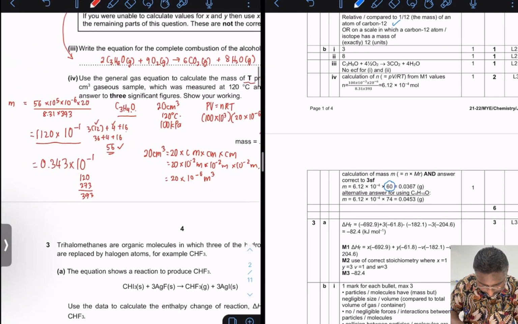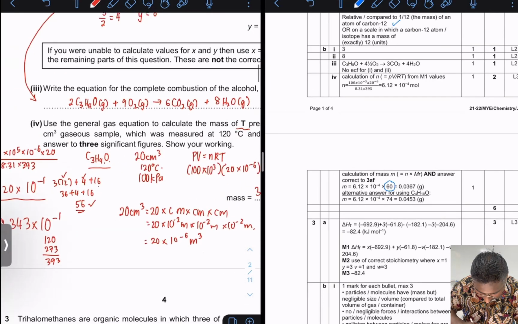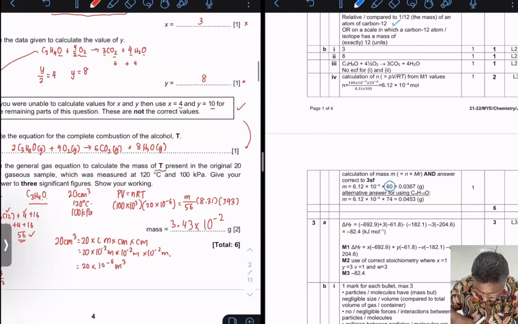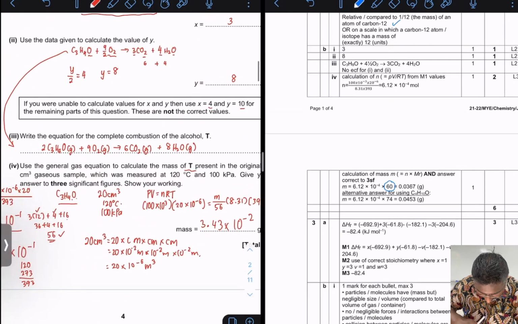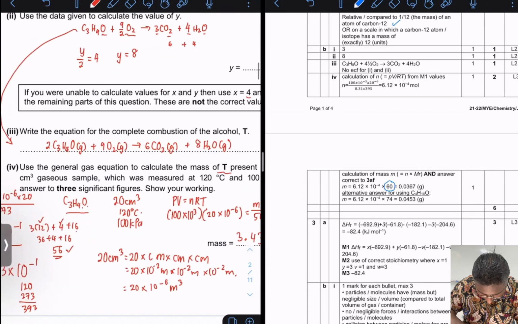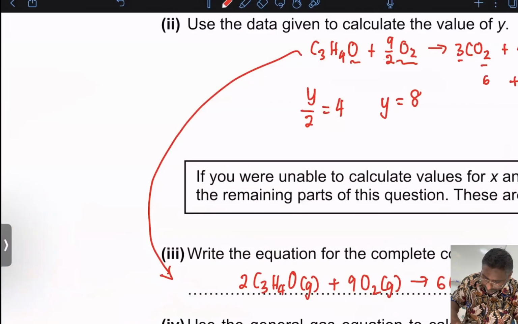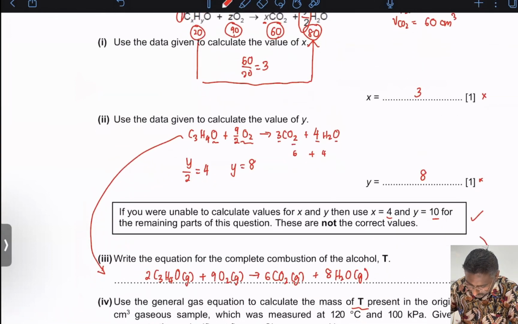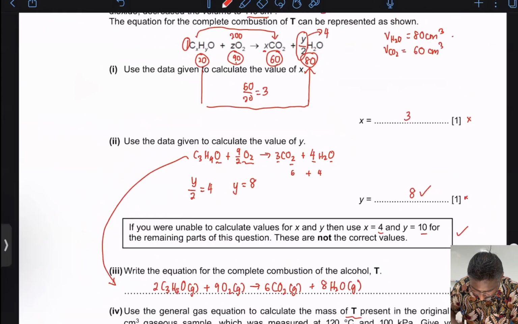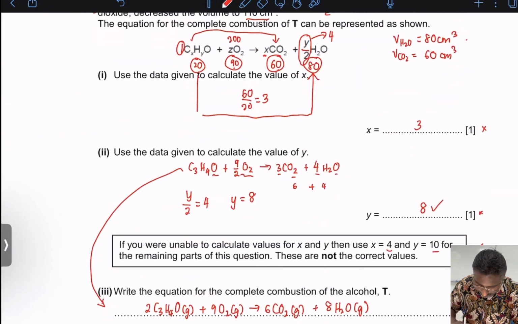C3H8O. Oh, my mistake. C3H8. Y is 8. I went and put 4. Wait, I think Y is definitely 8. Why did I put 4 there? Oh, because I thought it's... Hold on.